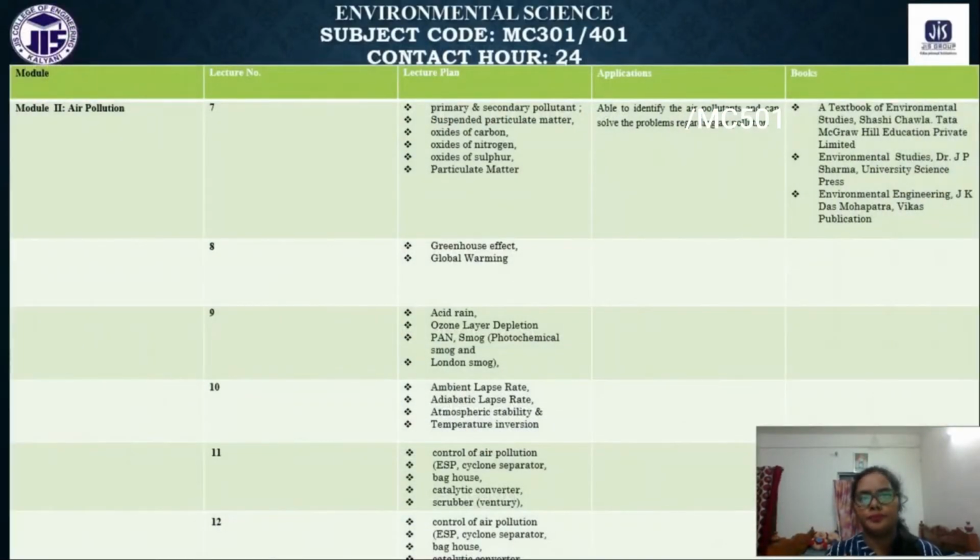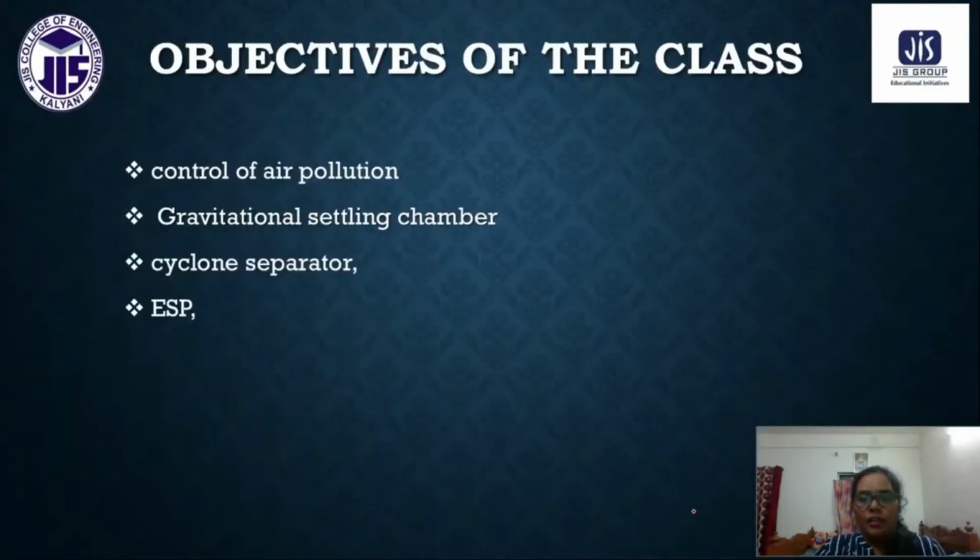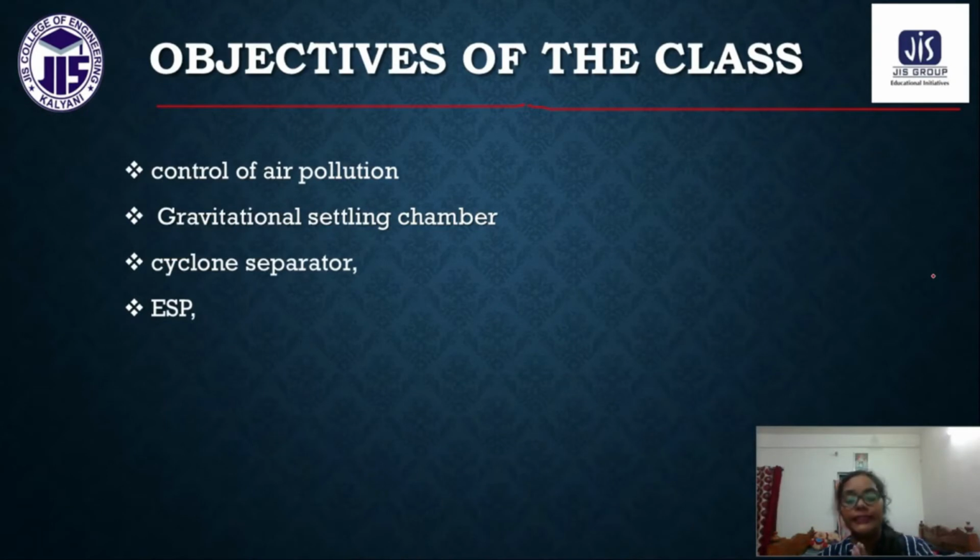This is the lecture plan of air pollution. These are some of the objectives of today's class. Today we will discuss the control of air pollution by using some equipment like the gravitational settling chamber, the cyclone separator, and the ESP, electrostatic precipitator.